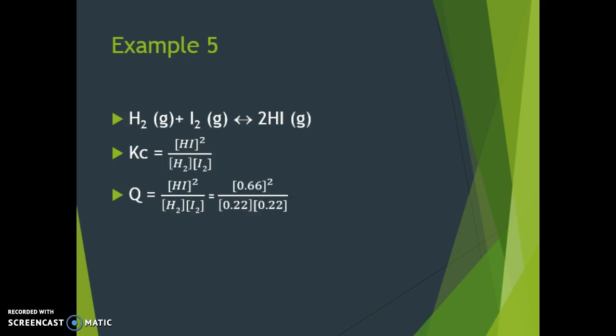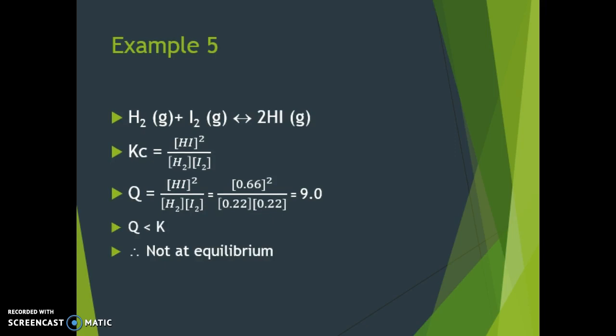So I went ahead and I plugged in the data that they gave us, the 0.66 molar for the HI and the 0.22 molar for the H2 and the I2. And when I plugged and chugged that into my calculator, I got the value of 9. Now, Kc equaled 49. What that means then is that Q is actually much smaller than K, and we're not at equilibrium right now.